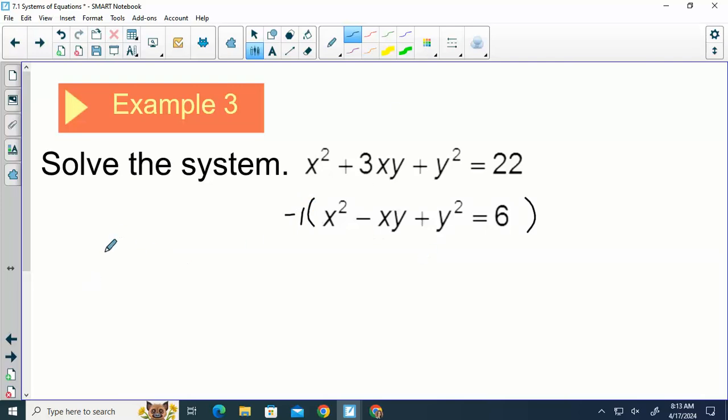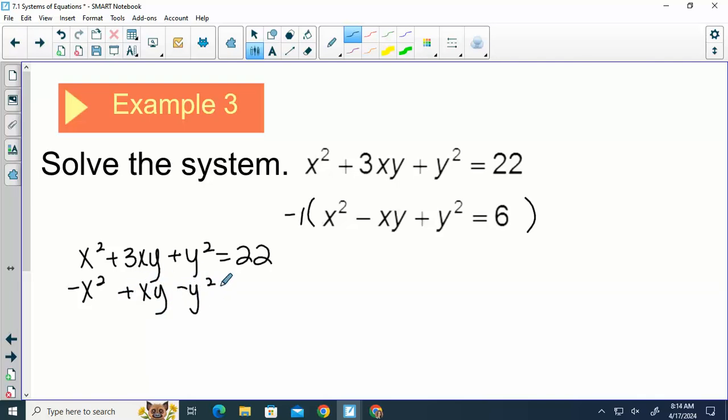So canceling the xy didn't help. If I do this, I have a negative x squared plus xy minus y squared equals negative 6. So now the x squared canceled, like 4xy. The y squared cancels, equals 16. So that time we got rid of x squared and y squared.